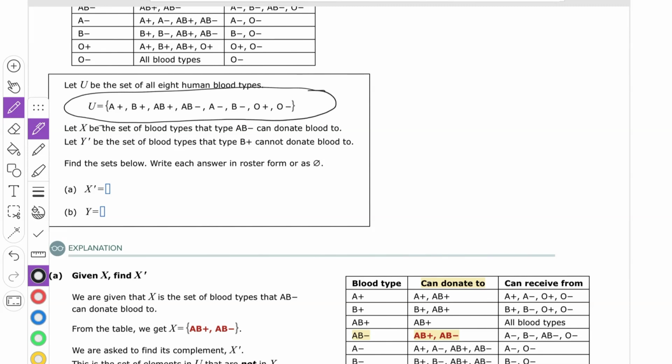So like I said before, if you go to AB negative, the ones you can donate to are AB positive and AB negative, right? So you cross them off, really block them out, and then your list is all of the ones remaining. You're just picking the opposite.